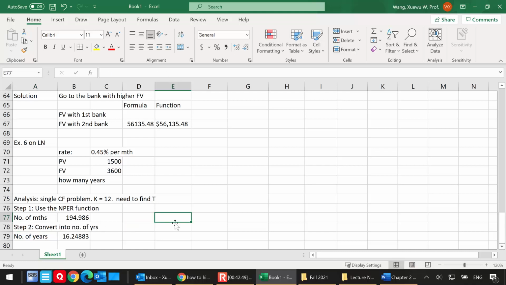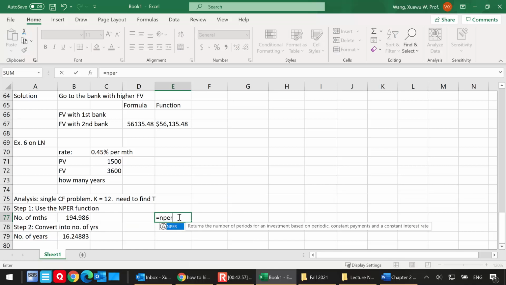Okay. All right, so this seems to be very, very straightforward. But some of you may say, you know what? I want to actually use the NPER function here, and the rate is 0.45%. You told me this is a monthly interest rate, but we're trying to find the number of years. So nonetheless, I'm going to multiply this by 12. All right, so I'm dealing with an annual interest rate. All right, payment is 0.